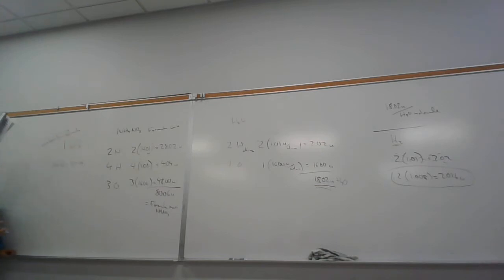And so in this case, the formula mass and the molecular mass are the same thing, correct? Same thing. So how much does a molecule of this weigh? That's 16 plus 16 is 32 plus 2 is 34. So this weighs about 34 U. I'm only going to do the two sig figs, 34 U.